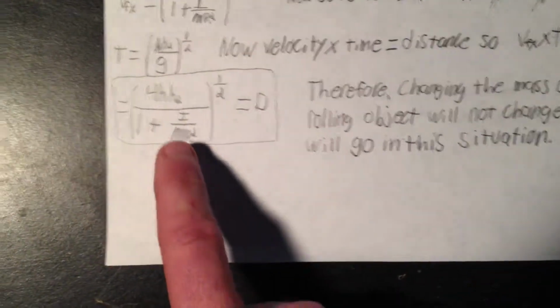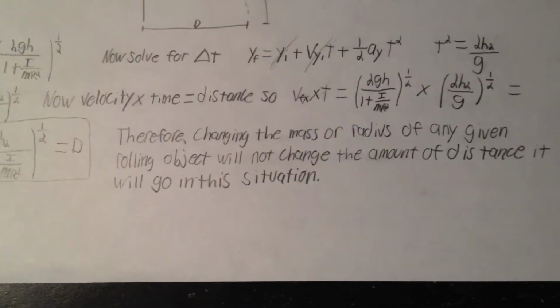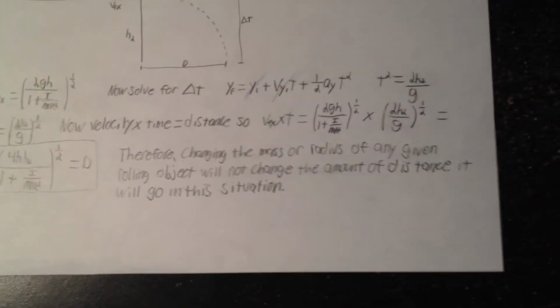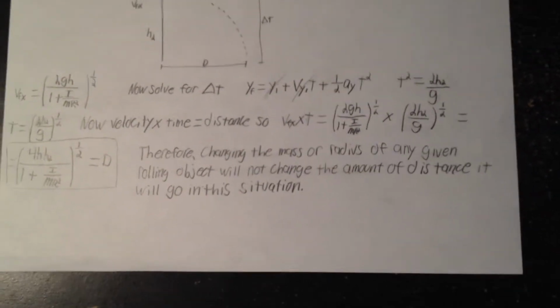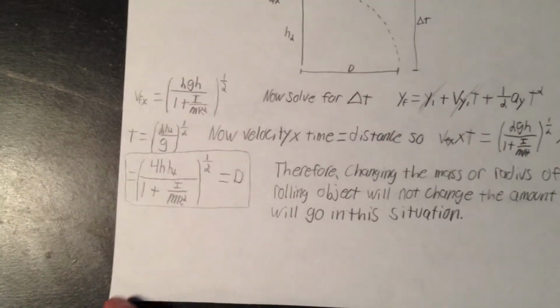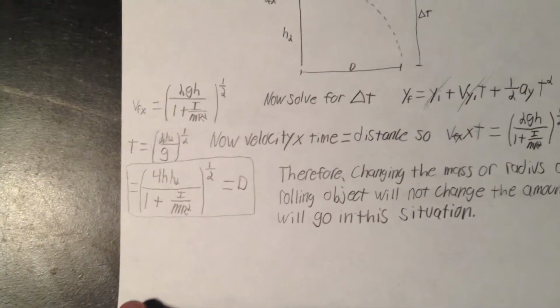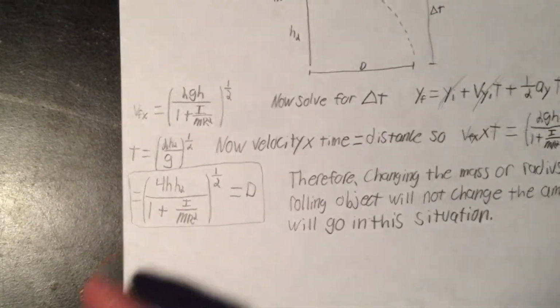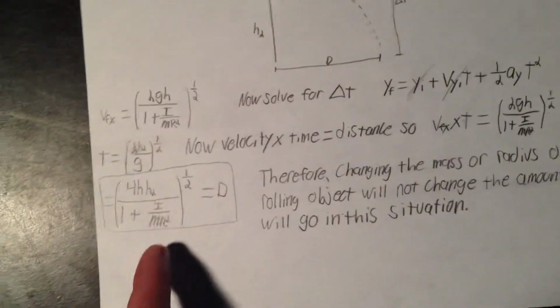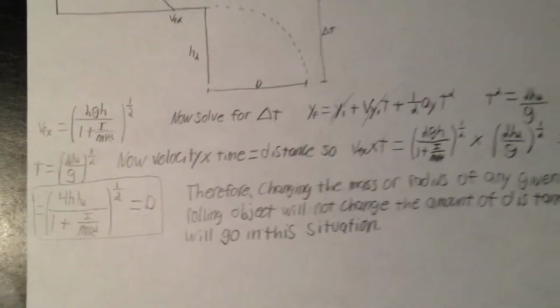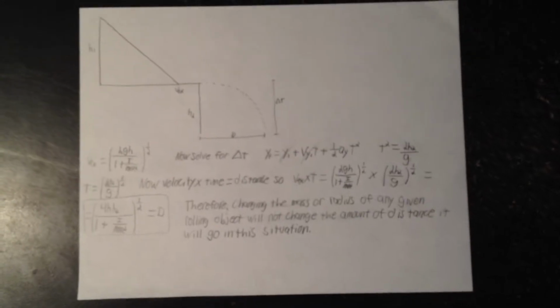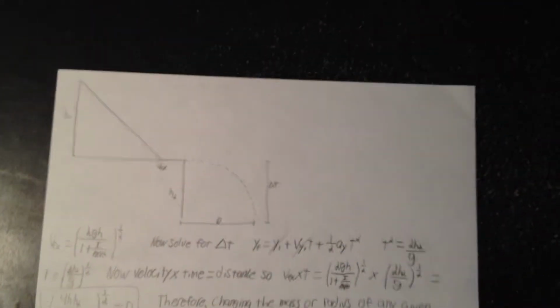Therefore, looking at this equation, you can see that changing the mass or radius of any given rolling object will not change the distance that it will go in this situation, since the moment of inertia of any object is something times mr squared, so the mass and the radius will always cancel. So the mass or the radius will not affect any object.